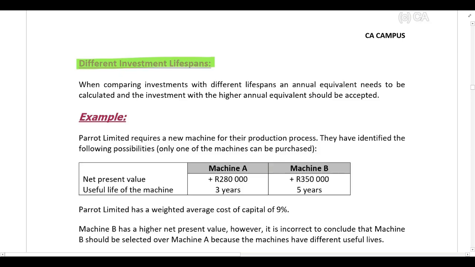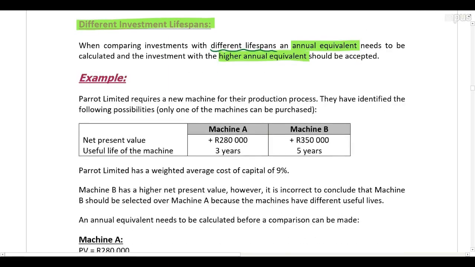So how do we deal with a situation where our investments have different lifespans? We calculate an annual equivalent for each investment, and we select the alternative that has the higher annual equivalent. Let's look at an example just below.